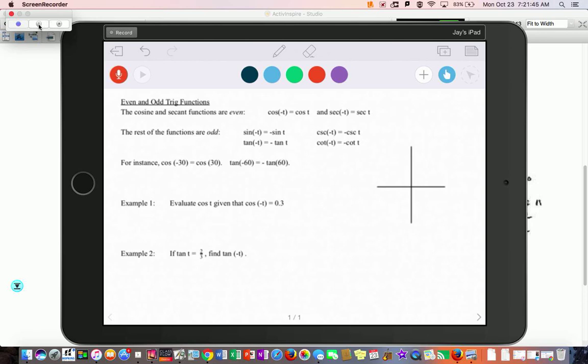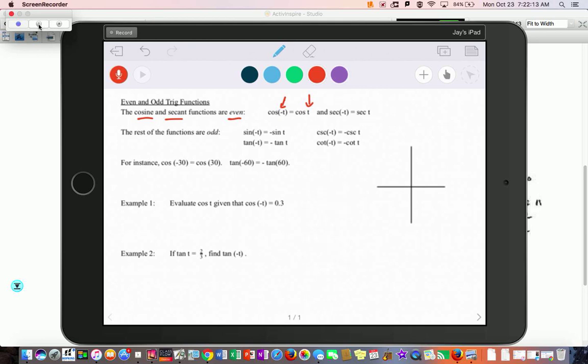Even or odd functions. Earlier this year we talked about even and odd, basically with looking at their graphs and seeing what kind of symmetry we had. And now with these trig functions, we're going to look at cosine and secant are even. So whether you're doing a negative input or the positive input, they are equal.